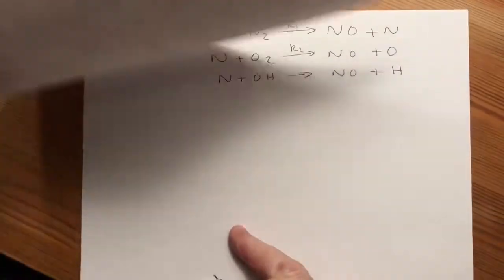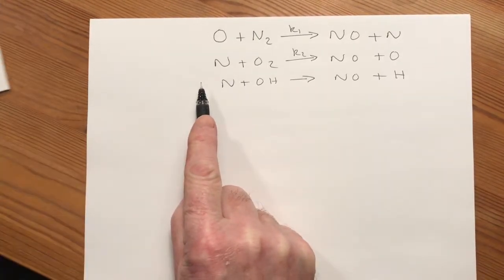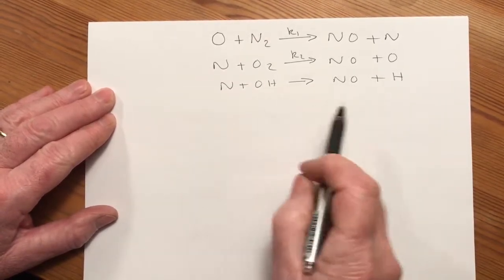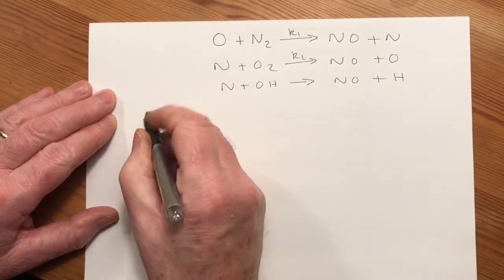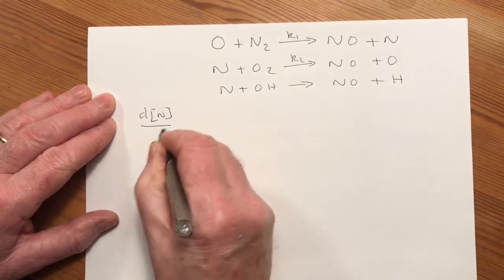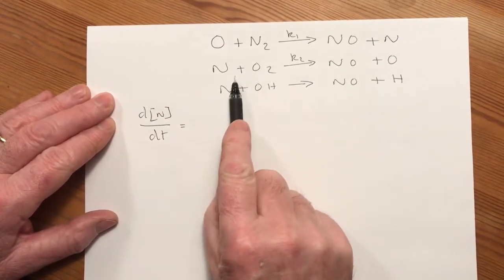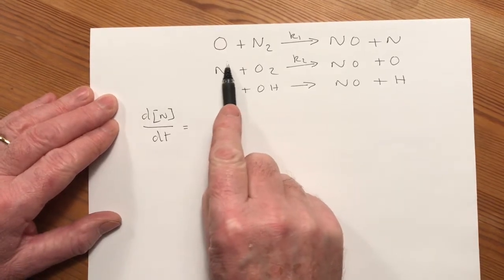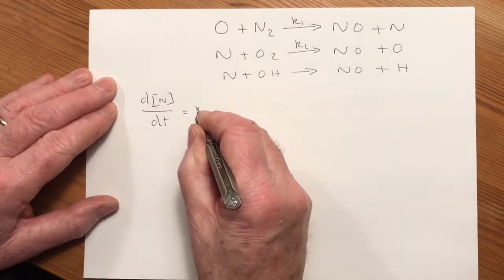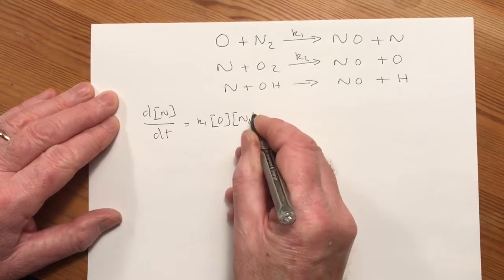Just so that we can see what the reaction is again, let's now look at the concentration of N. So d[N]/dt is equal to, given the first reaction, K1 by O, N2.